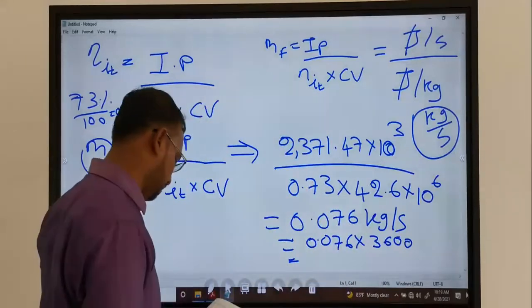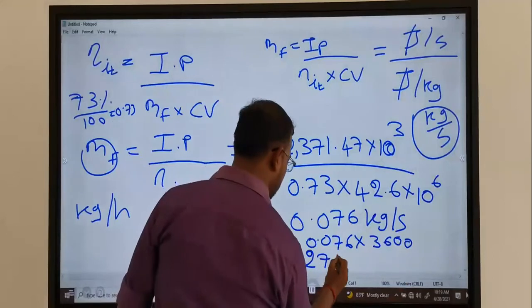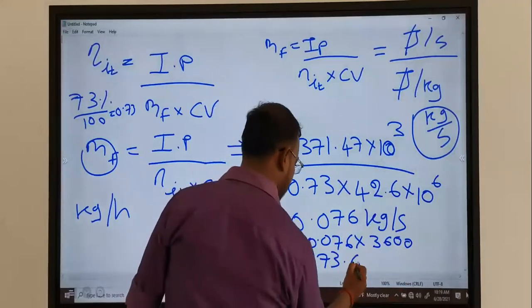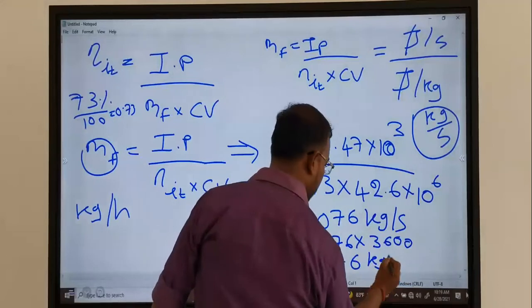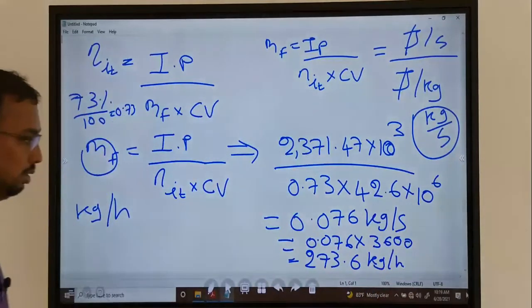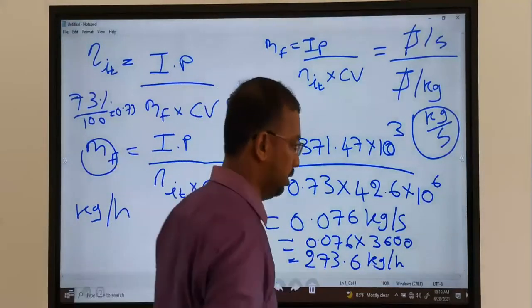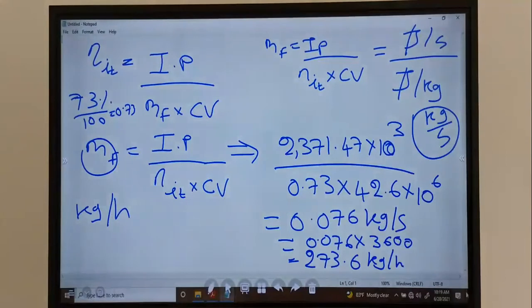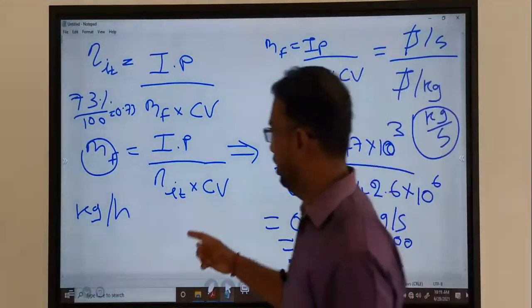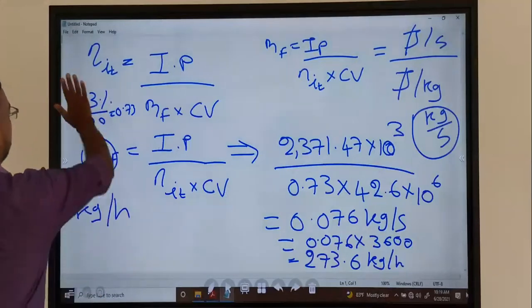The answer is 273.6 kilogram per hour. So this is the answer, the mass of the fuel supplied. Clear? Here the units cancel to give kilogram per second, so we change to kilogram per hour.